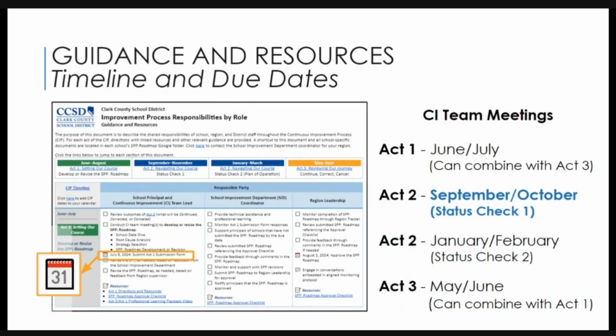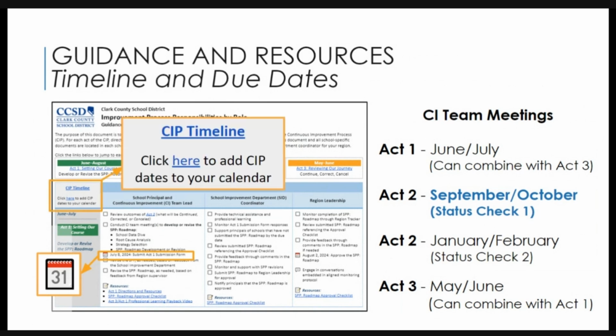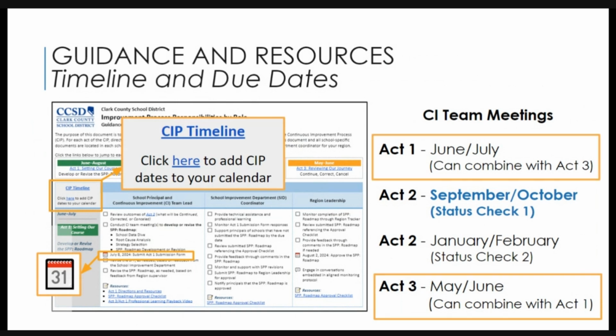Due dates are identified throughout this document by the calendar icon. You also have the option to add all of the due dates to your Google Calendar by clicking the link in the upper left corner. A CI team meeting should be scheduled for each act and status check of the CIP. Note that the work for Act 3 and Act 1 may be completed in the same meeting.